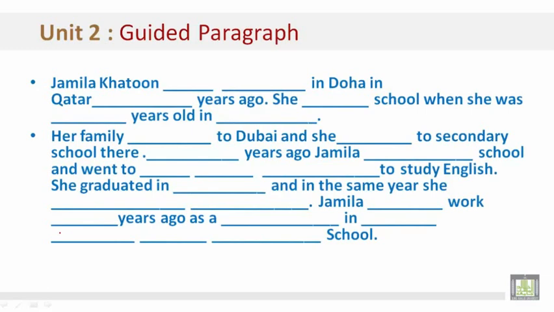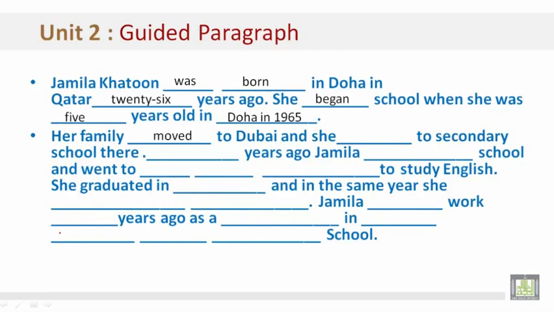Now, one thing I want you to do is go back and forth between these slides. I will give you the answers. Jamila Khatun was born in Doha, in Qatar, 26 years ago. She began school when she was 5 years old, in Doha in 1965.